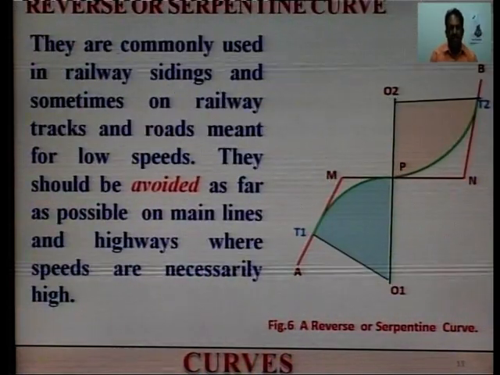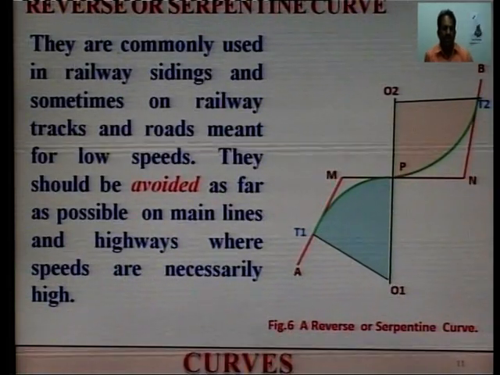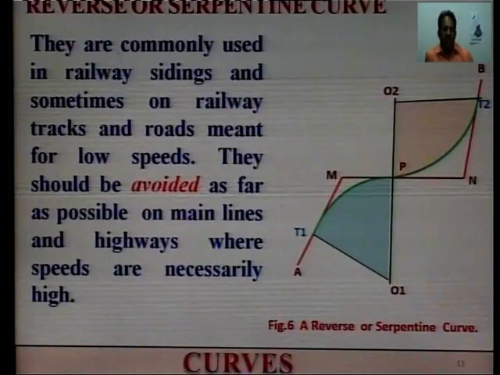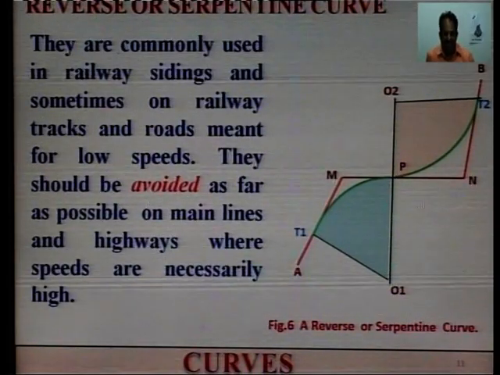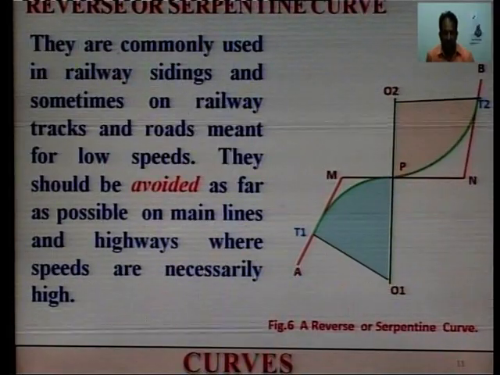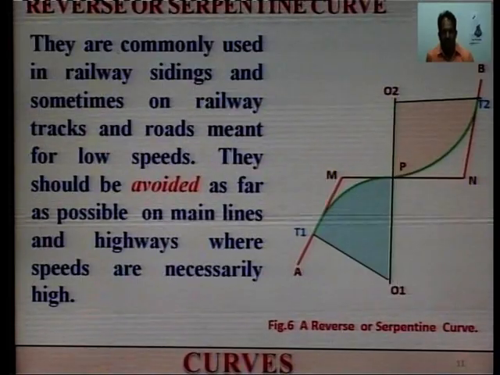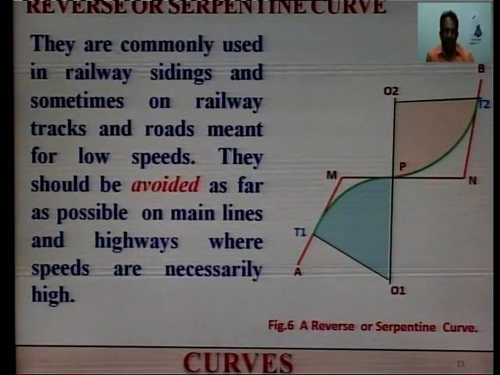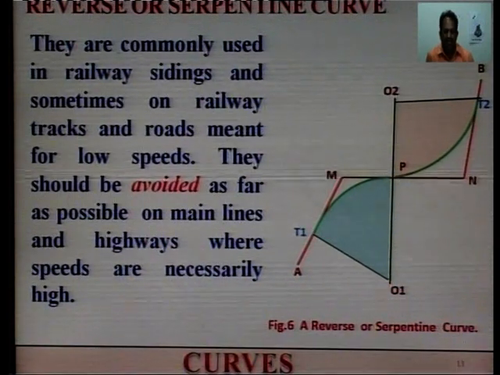They are commonly used in railway sidings and sometimes on railway tracks and roads meant for low speed, that is where the speed of the vehicle is very low.